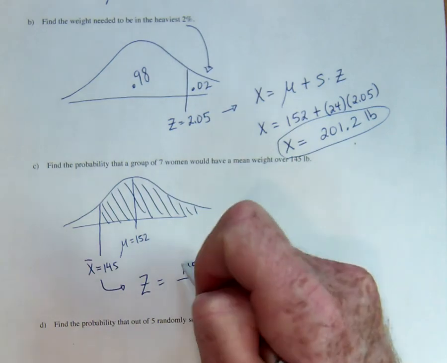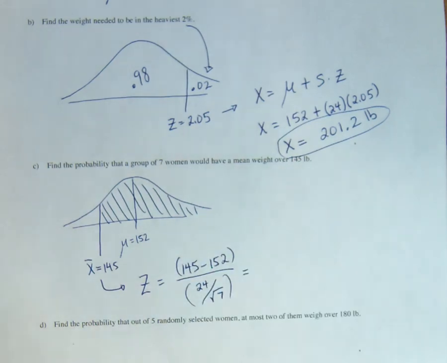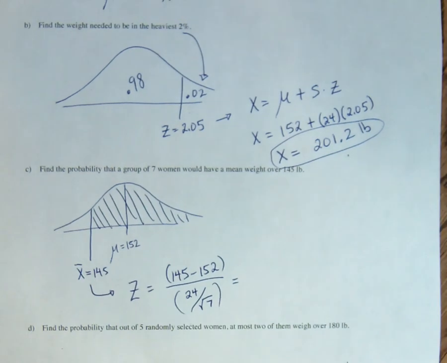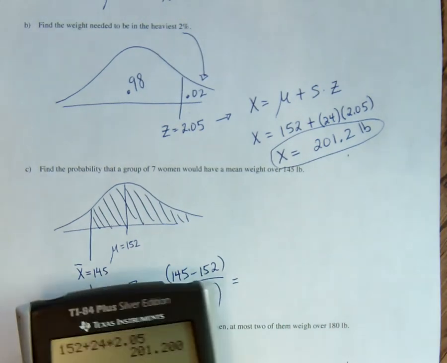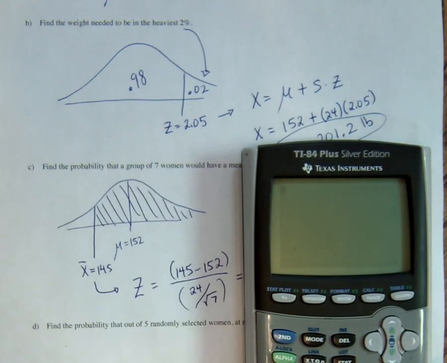And when I put this in the calculator, this will be in parentheses and this will be in parentheses. 145 minus 152 divided by parentheses 24 divided by the square root of 7. So it's a negative 0.77.